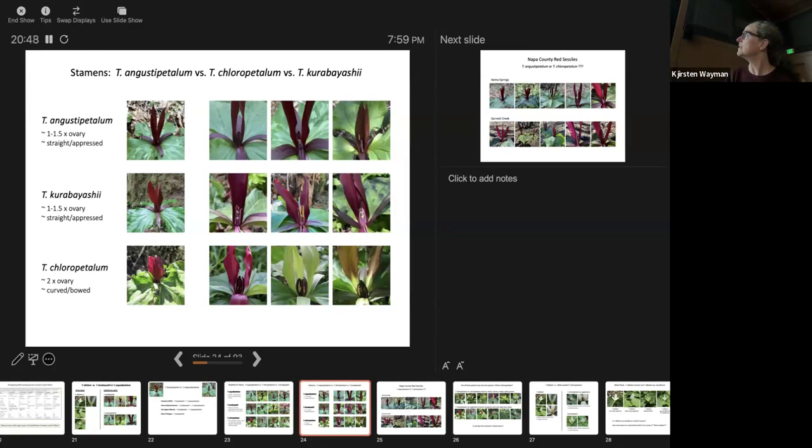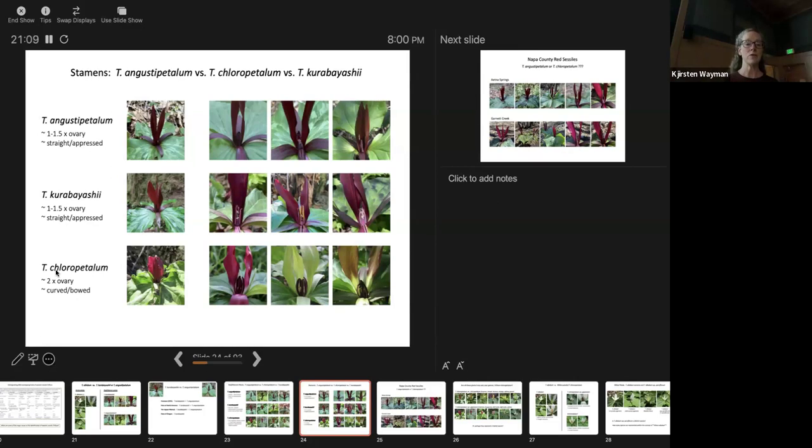But you can also see that there's a difference in these. It's hard to put into words the difference when we look at the stamens and ovary of these plants. Even though the height variation is the same and the straightness and how they're pressed against the ovary is the same, there's also some difference in how they appear.